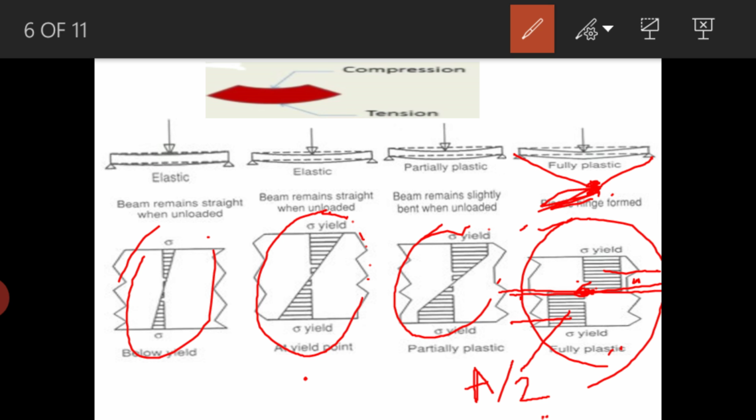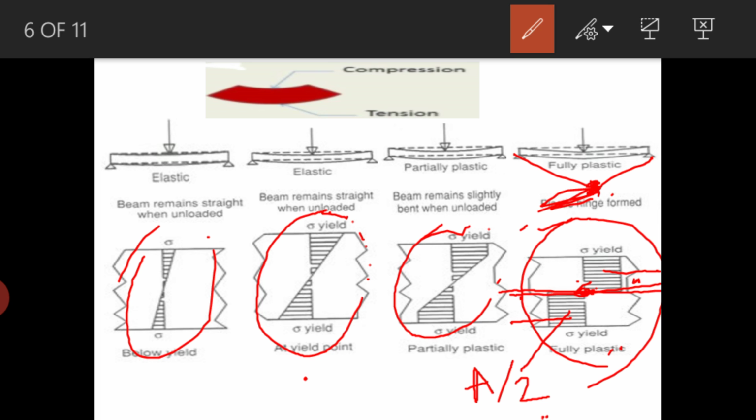Whatever classification of sections you make, for solving or designing beams, the classifications are plastic sections, that is class 1, compact sections, semi-compact sections, or slender sections. There are 4 classifications of sections given in IS 800 2007, and those classifications are made based on the bending of a beam.